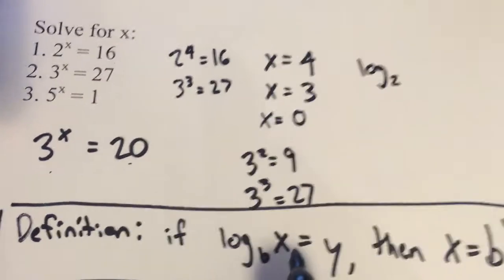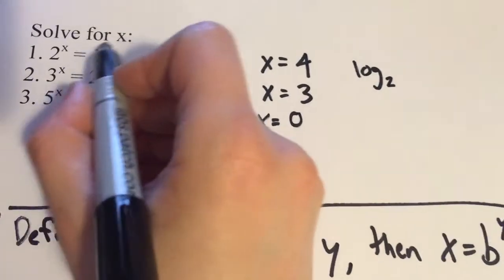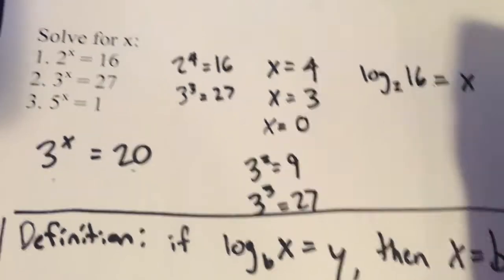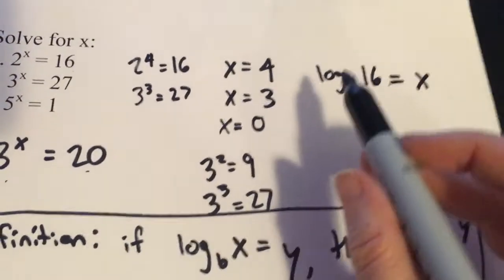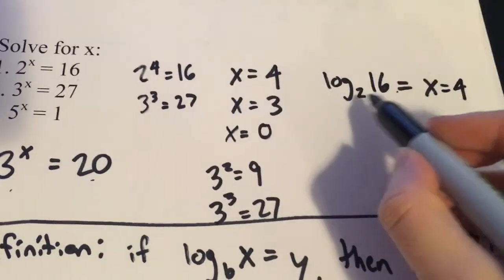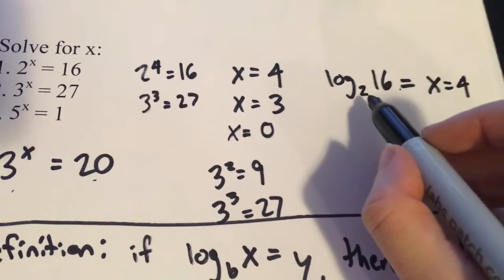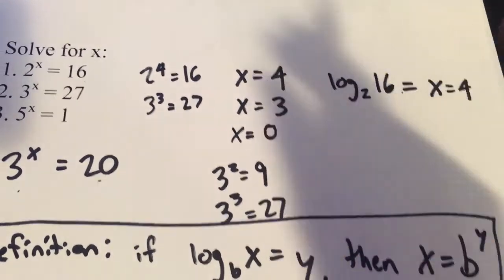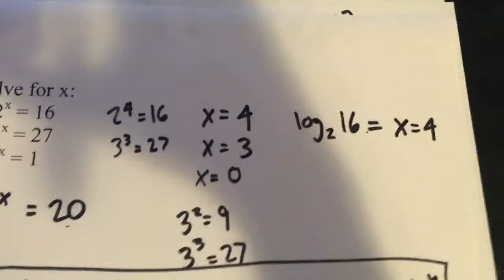Log base 2 of 16 would equal x, which we said was 4. So 2 to the 4th power equals 16. Log base 2 of 16 equals 4.